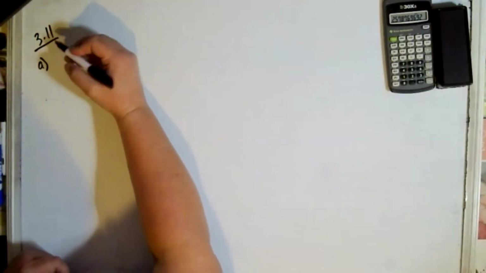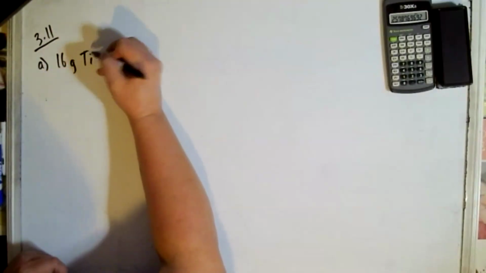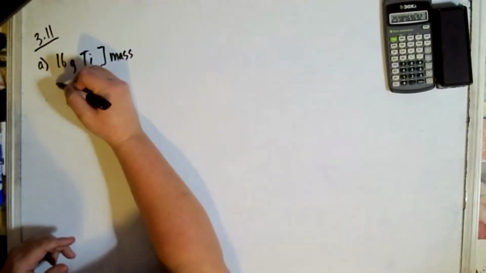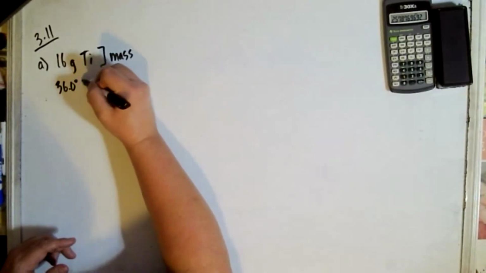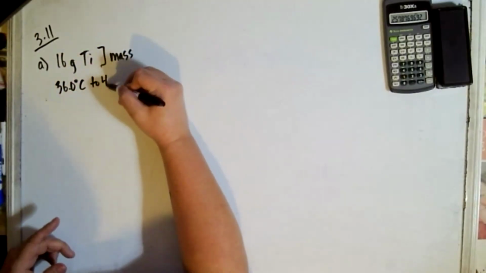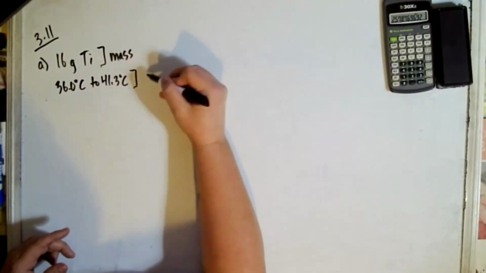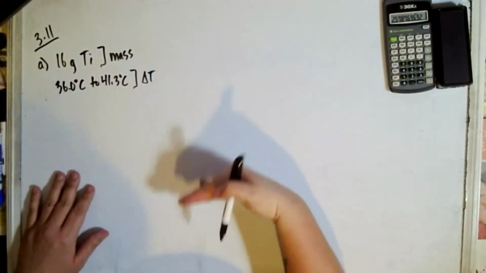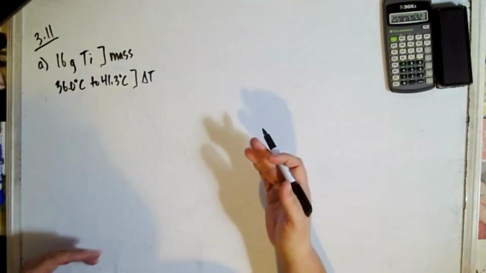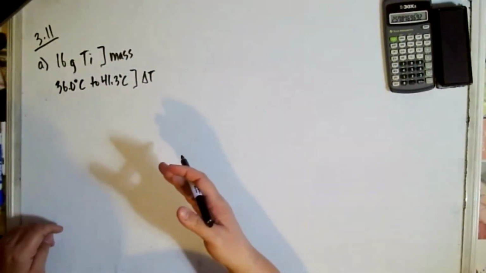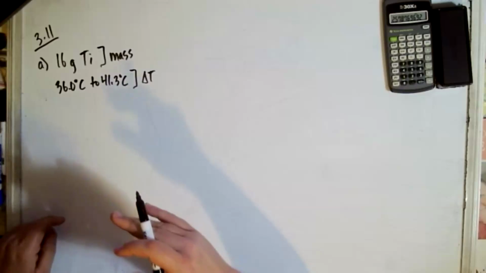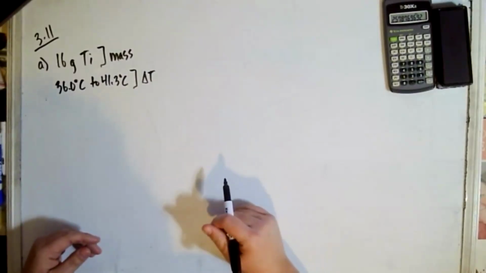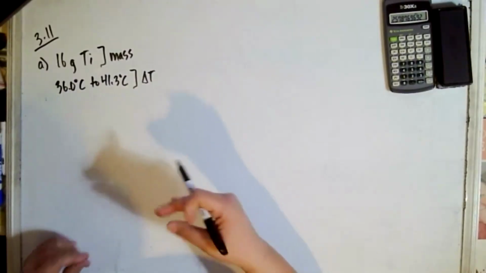So they're telling us that we have 16 grams of titanium, which is our mass value. They're telling us that the temperature goes from 36 degrees Celsius to 41.3 degrees Celsius. So this is going to be our delta T. They don't tell us the specific heat, but you see the list of specific heats for the metals that's given in the tables there. So it's pretty easy for us to look at the titanium. And in terms of choosing which specific heat value we should use, the question's asking us for the heat value in calories.